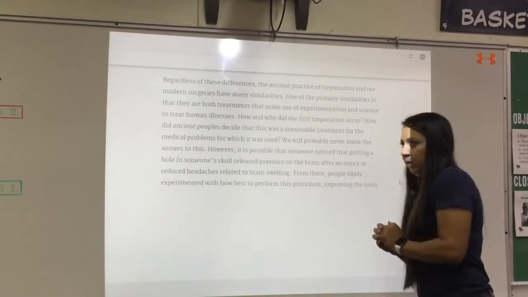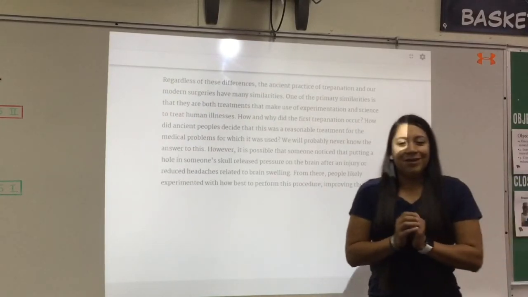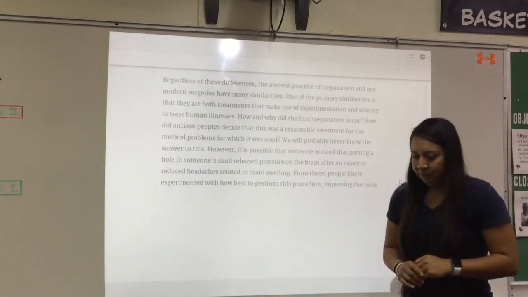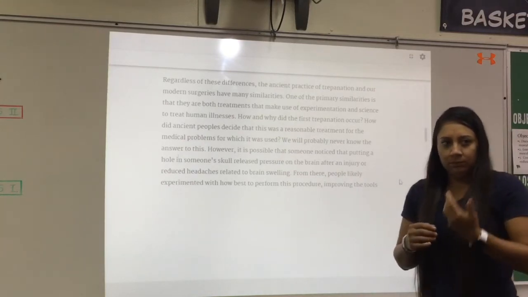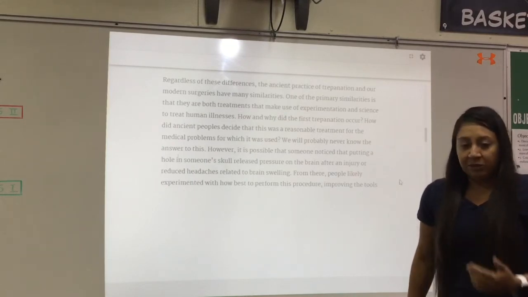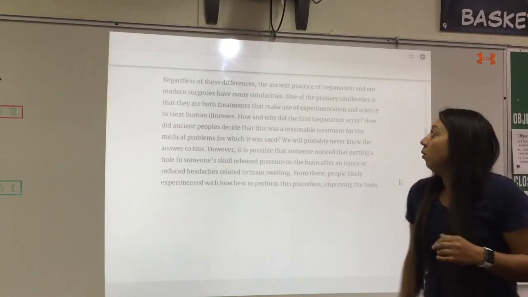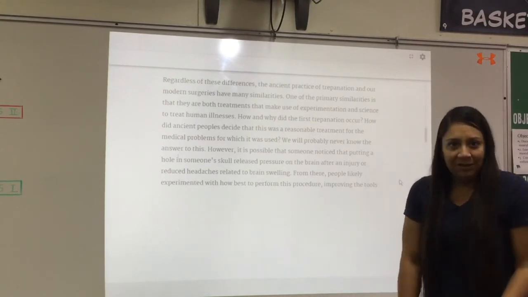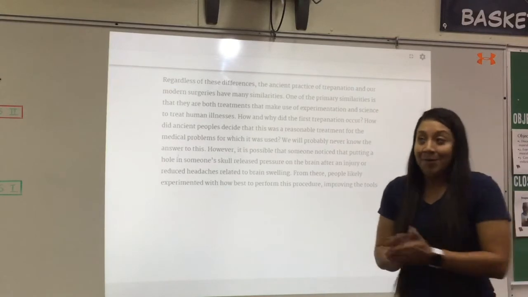So if we were to think about how our surgeries were done today with the use of anesthesia and other medicines to help prevent, let's say, any type of bacterial infections or pain. You know, back then they just drilled a hole. Maybe rub some herbs on it, I don't know.